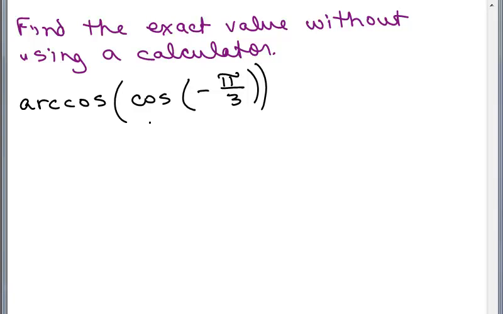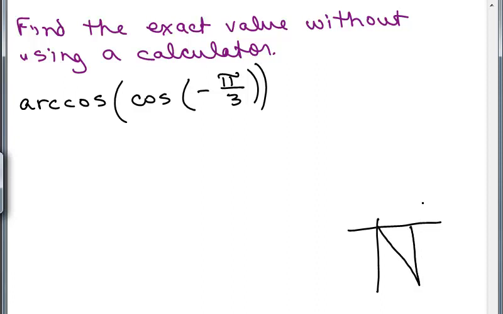All right, so what we need to do is sort of work within the parentheses here. So first I have to figure out what the cosine of negative pi over 3 is. All right, so let's do that. The cosine of negative pi over 3. Let's draw that picture. And people figure out the cosine of negative pi over 3 many different ways. But basically it's down here.